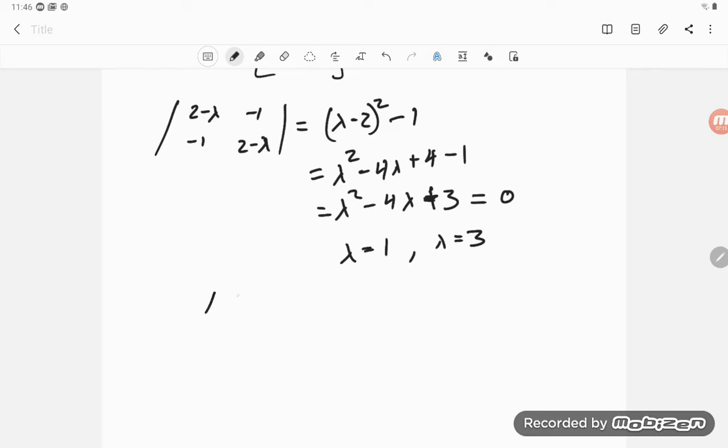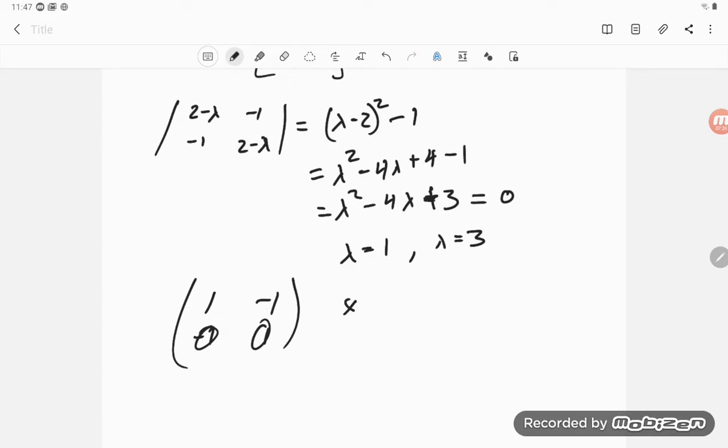So I have 1 and -1, -1, and 1. Now it's pretty clear to me that if I just add the top row to the bottom row, I'll get zeros. And so in this case, x equals y.